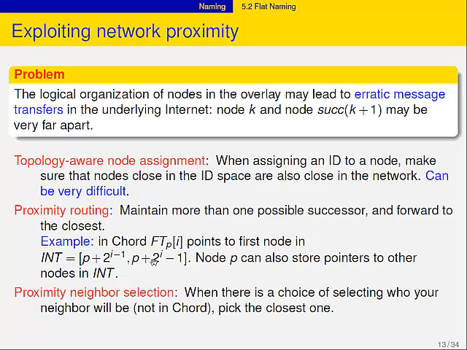Okay, you're really taking the first node that you know. But what you can do is you can store many other nodes in that interval, provided that you know them. And if you would measure the delays to each of these nodes, you would be doing just as fine as well. And what I'm suggesting here is the following.